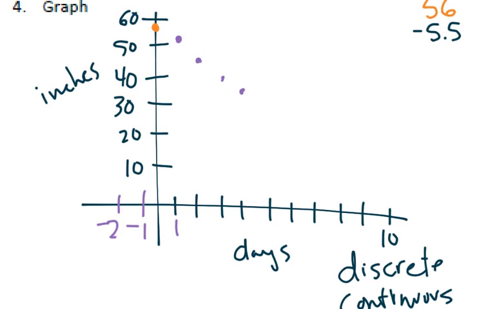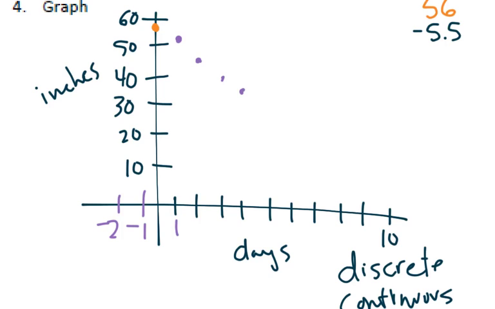Okay, probably not. So, if I were to draw the line, it would represent that every day a part of the day he's cutting his toenails. So if I went to day 1.5, I could go up and say, yeah, his toenails are a bit shorter now. But most likely, when you cut your toenails, you do it at one time. So he's going to cut 5.5 inches off at one time.